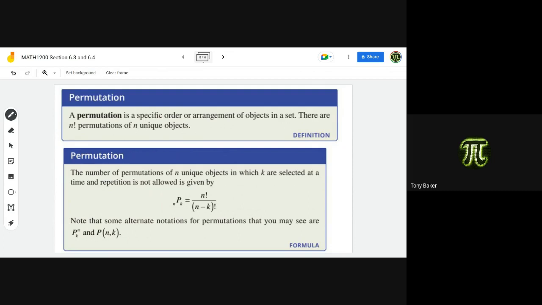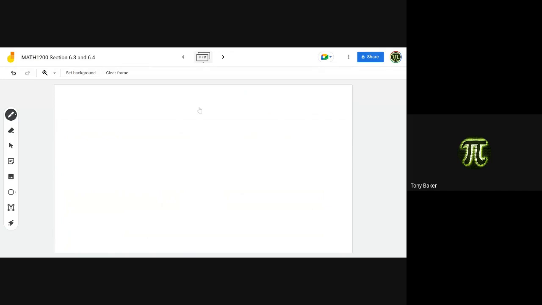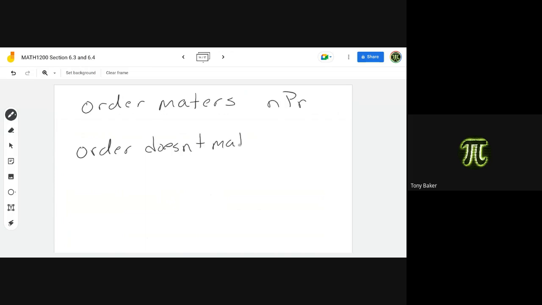So I will write this out so you can see this, because this is the most important part. Okay. Order matters, NPR. Order does not matter, NCR.